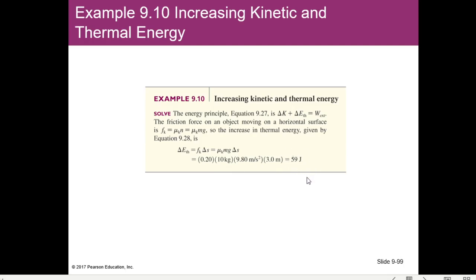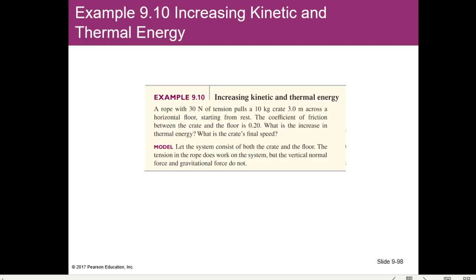That's 59 joules. But we also know that the tension is 30 newtons, and it's pulling it 3 meters across the floor. So that must be doing 30 newtons times 3 meters of work. Well, that's 90 joules of positive work that the tension did.